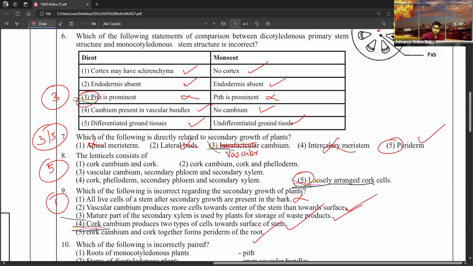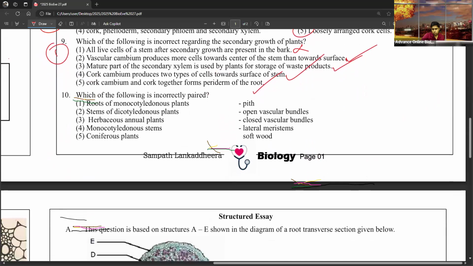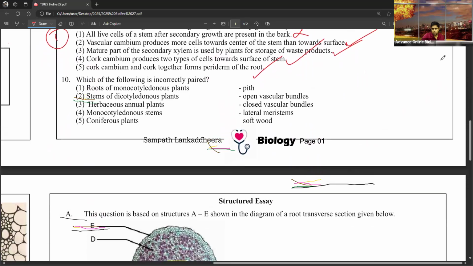Question number 10. Which of the following is incorrectly paired? Roots of monocot plants, pith.